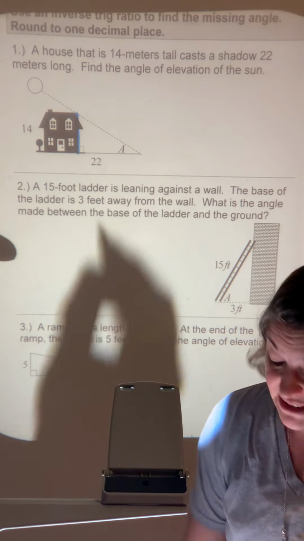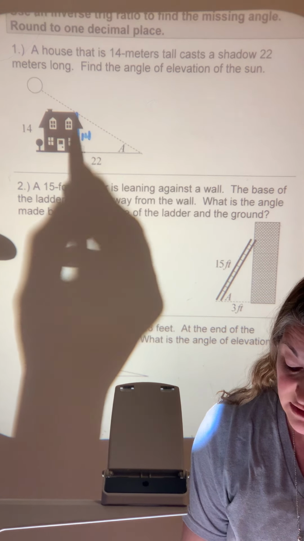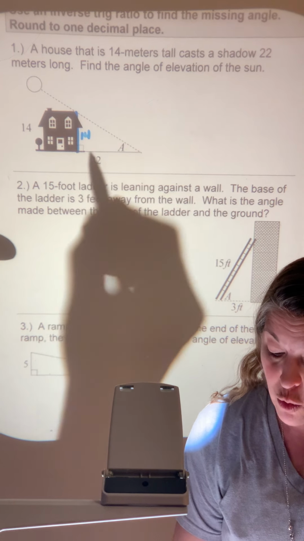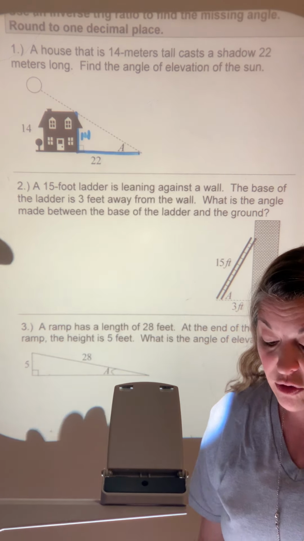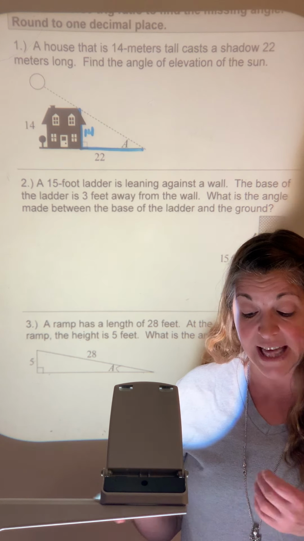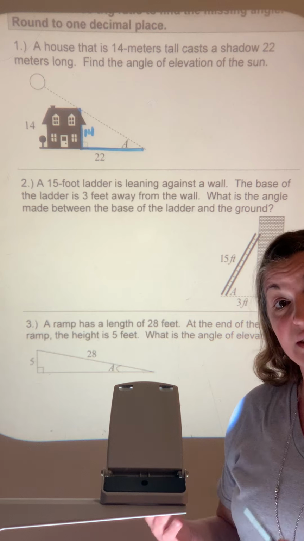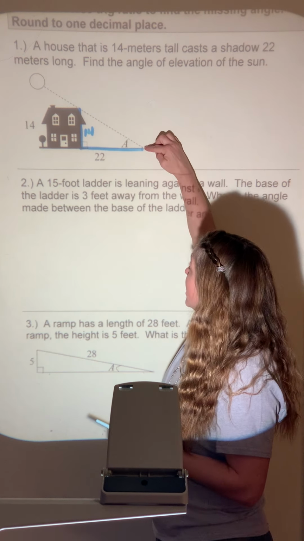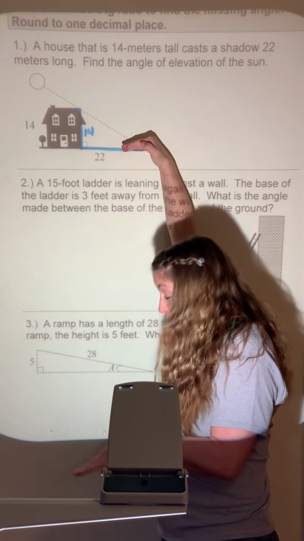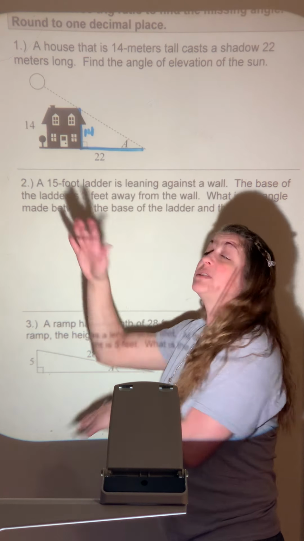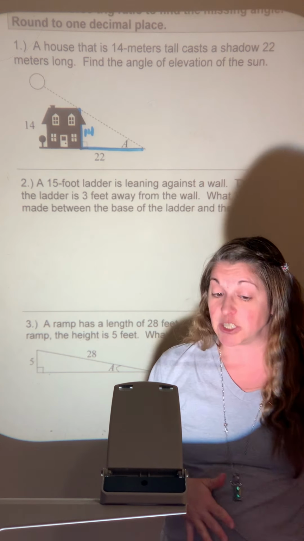Basically, you've got this 14-foot tall house, and it's casting a shadow of 22. So notice that we have both sides of the triangle, but what we don't have is that angle of elevation of the sun. Again, angle of elevation basically means if you're looking at the ground here and then you slowly look up to the sun, that angle formed coming up is your angle of elevation.